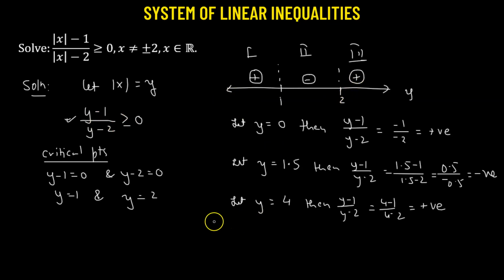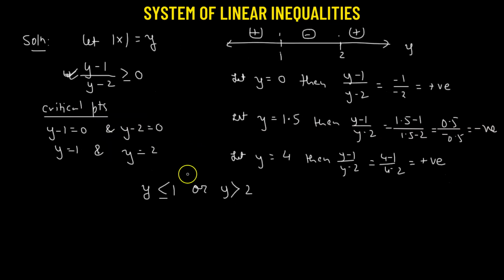So now we will consider the solution set, which is y less than or equal to 1, or y greater than 2. Y can take the value less than 1, or it can also take a value equal to 1 because that's allowed. However, we cannot take y equal to 2 because then this will become a division by 0, which is not allowed.